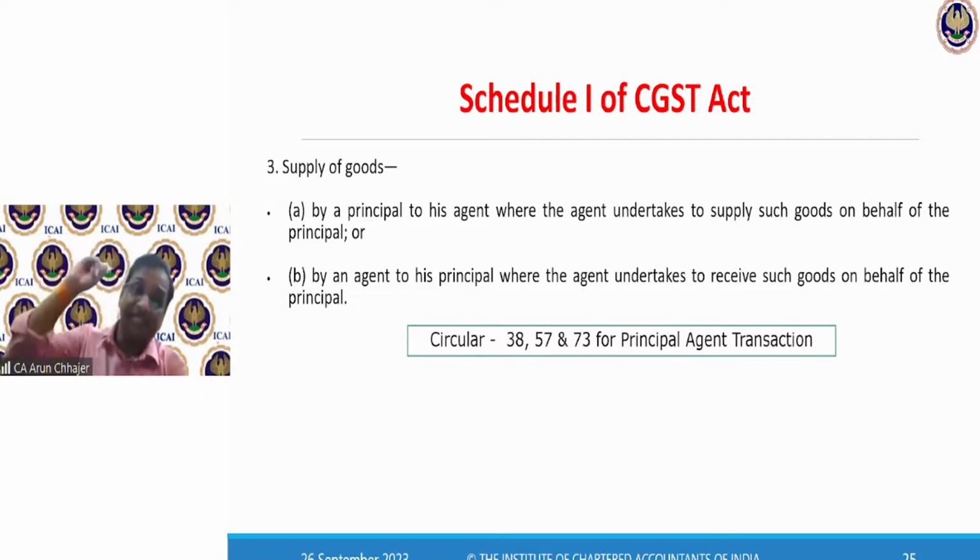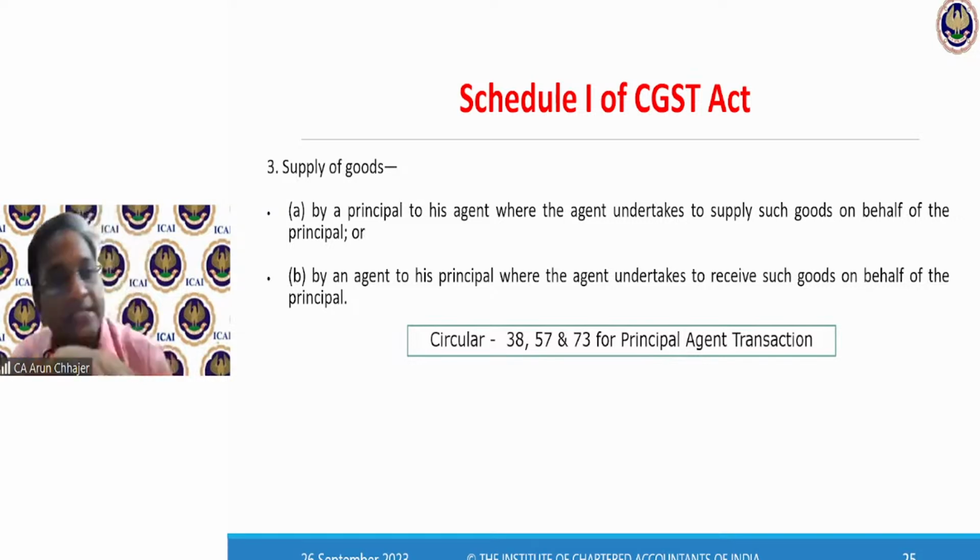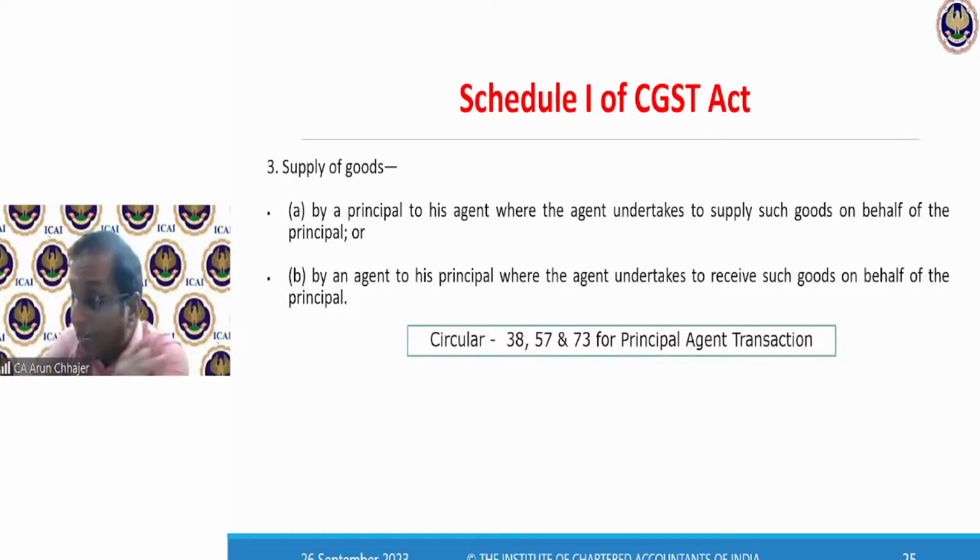In the pre-GST regime, for transactions between principal and agent, there were some forms, and GST has almost abolished the concept of these forms. So they are saying one will pay the tax and another party will take the input tax credit. That's it. To impact the value.